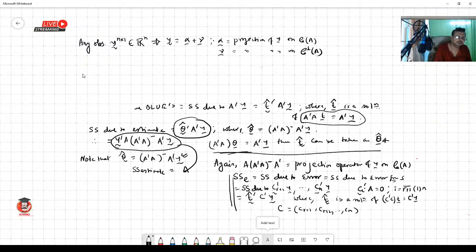So SS due to all observations y1, y2, yn is nothing but y curl prime y curl.